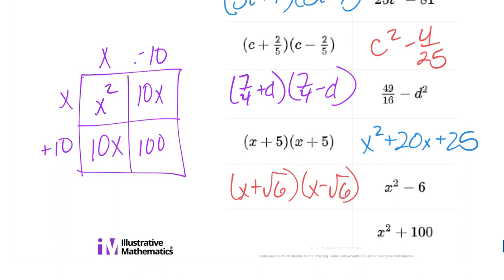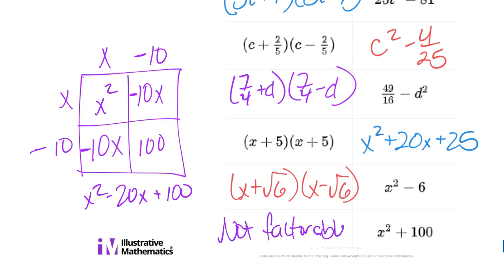So we could try making these negative, and then I would have x minus 10 times x minus 10, which is going to be a negative 10x there and a negative 10x there. I still get a positive 100 because it's a negative times a negative, but then I end up with x squared minus 20x plus 100, which is still not what we want. And so this one is not factorable. No matter what we do, even if we use square roots, we can't get it to work.